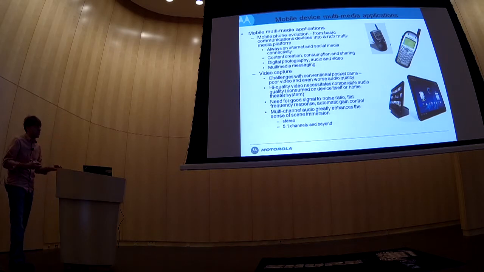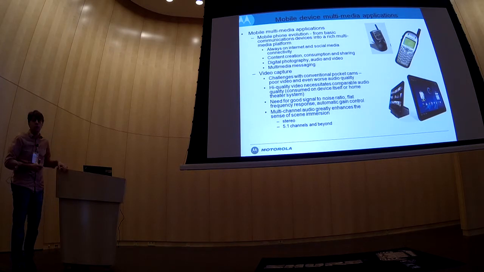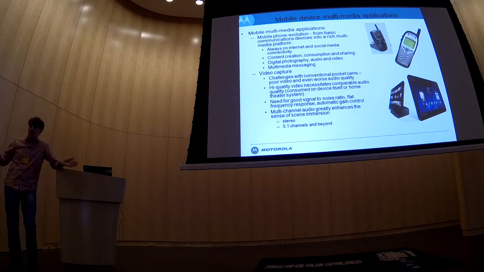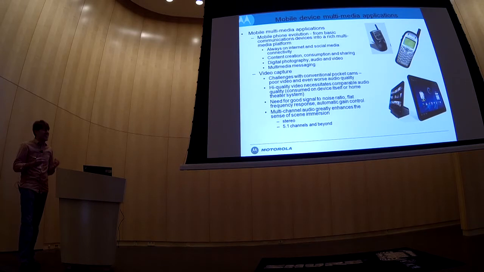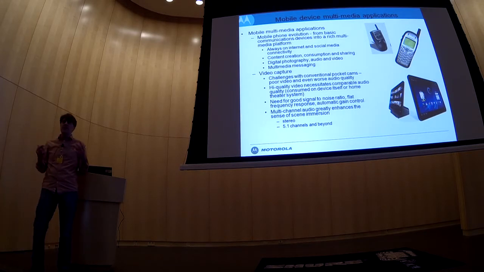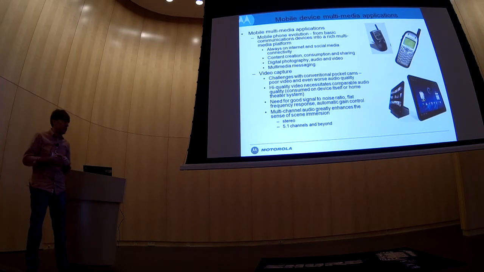And so that necessitated good signal to noise ratio, decent frequency responses, wider bandwidth in the recorded audio, and multi-channel audio was next in line, because multi-channel audio, starting from stereo, maybe higher formats, were meant to greatly enhance the sense of immersiveness of the video that you're recording.